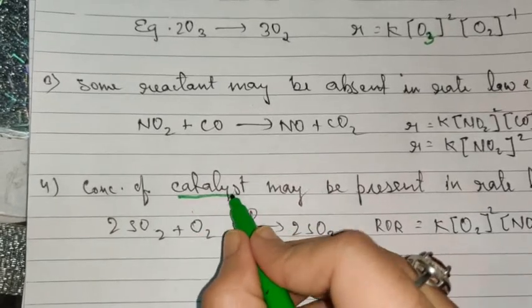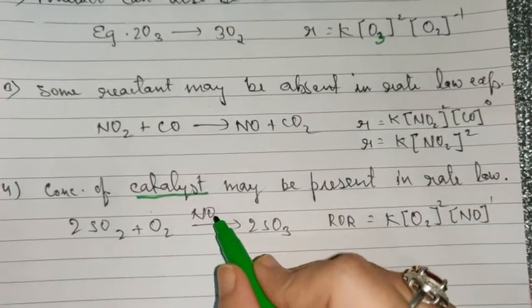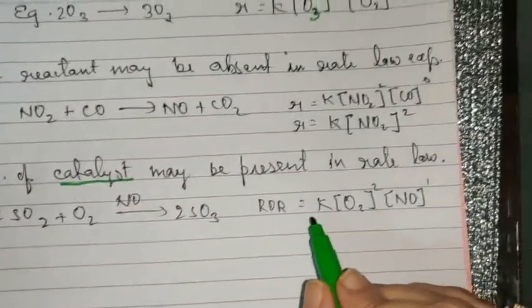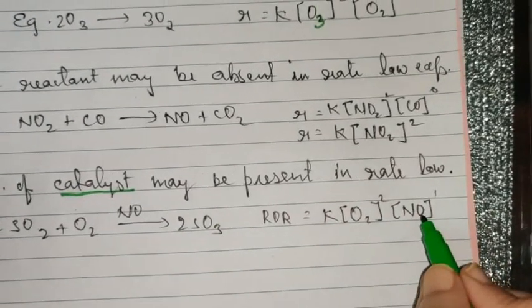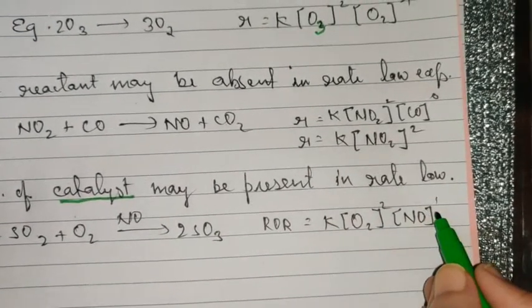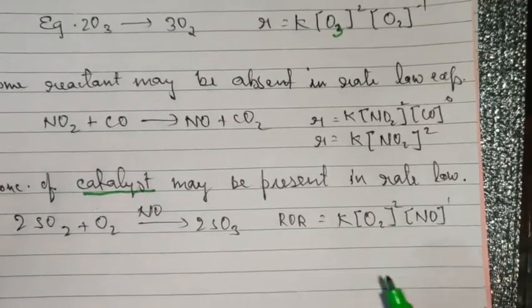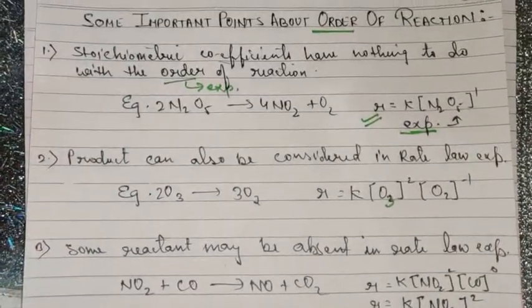So in certain reactions you'll find that the concentration of catalyst also plays an important role. Here you can see in the rate law expression the catalyst NO is also mentioned, and the rate is directly proportional to it because the order with respect to NO is 1. Okay, so these are some important points with respect to the order of the reaction.